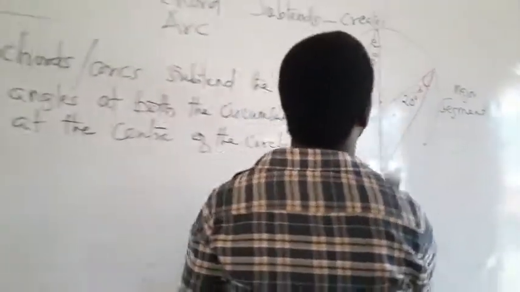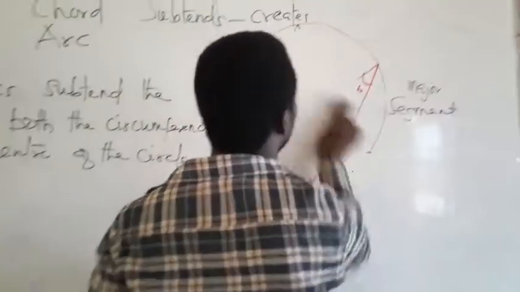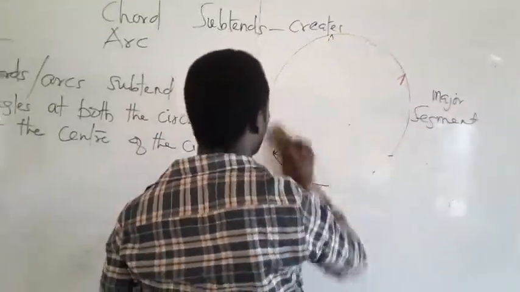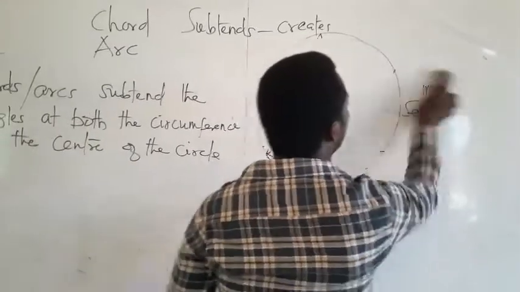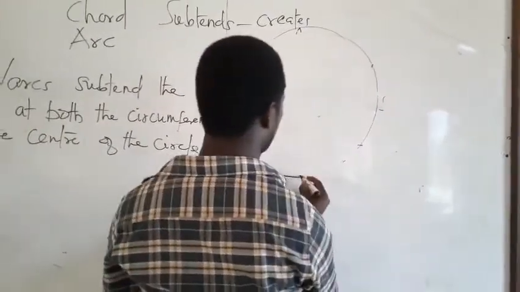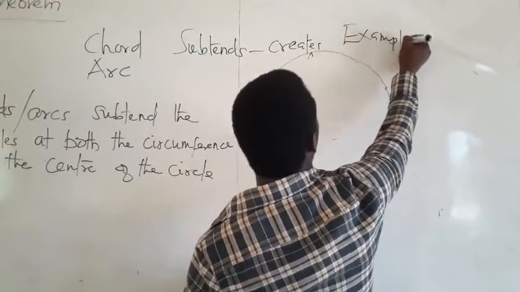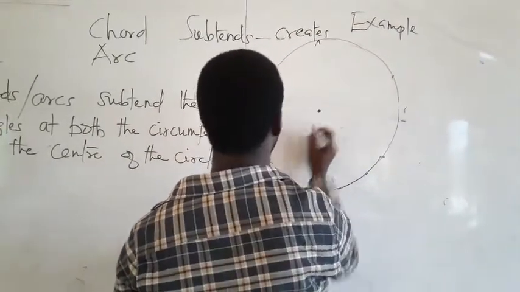So let's first consider an example. I'm going to give you one example so that we work it out. Example for theorem 1. I have a circle here.